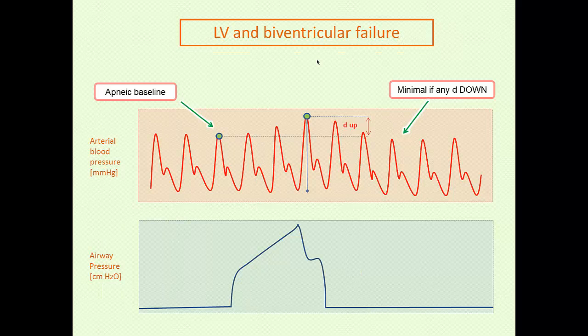So if you see an arterial waveform with pulse pressure variation or systolic pressure variation, and you put your hand on the patient's chest, and you notice that every time there's an inspiration there's a delta up, or an increase in their systolic pulse pressure, but there's very little delta down, and the patient clinically is in heart failure, again, you always have to interpret these test results in terms of your pretest probability, well then the pulse pressure variation and the systolic pressure variation you're getting is probably a false positive.